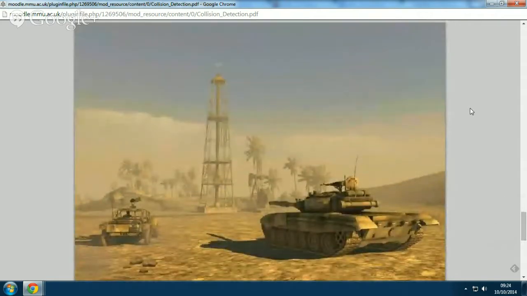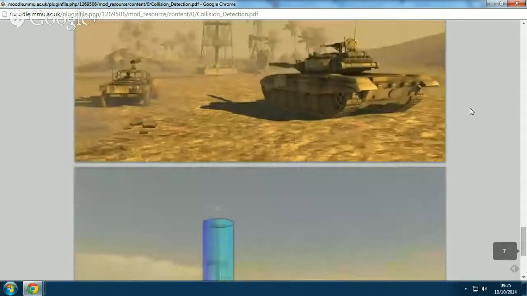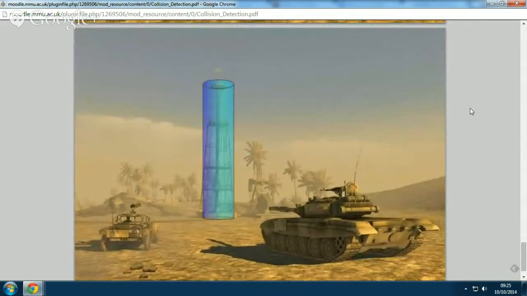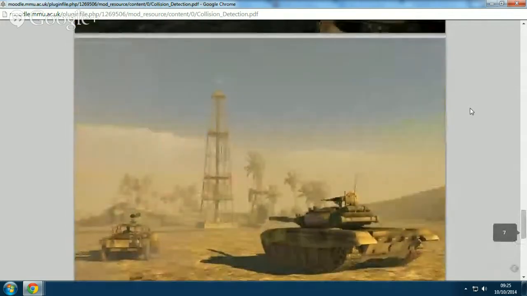Or here, I think the tank is going to try and knock down the oil well. Happens a lot. So the tank is going to fire some projectile. Now, the complicated way to treat the oil well would be to think, well, okay, so the oil well has got this main central cylinder, then it's got all these supporting scaffolding, and it's got all these X scaffolds.